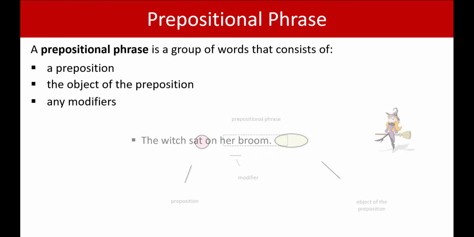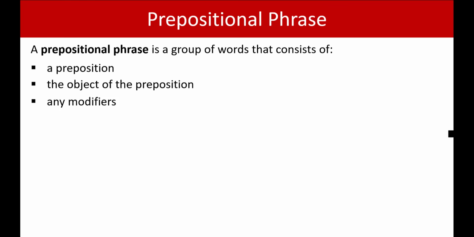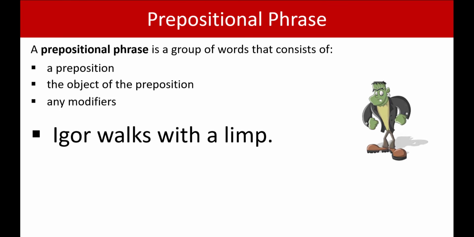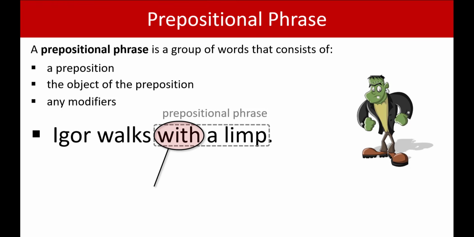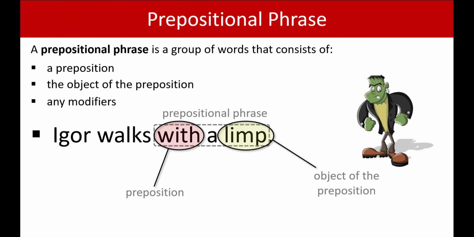Let's do another example. Igor walks with a limp. With a limp is our prepositional phrase. With is our preposition. Limp is the object of the preposition, and a is a modifier.